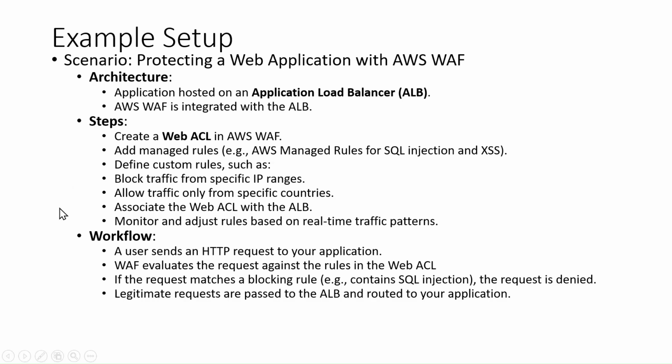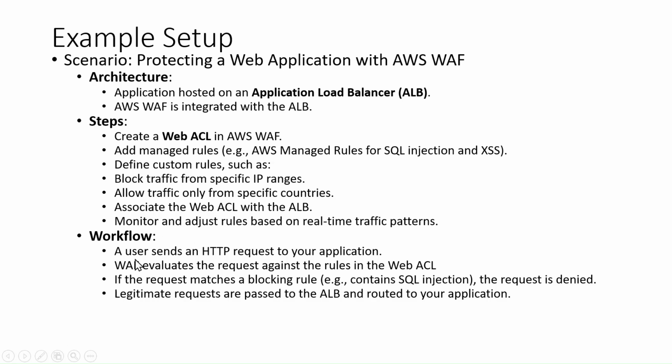Here you need to manage rules like block and allow, and define custom rules if you have any, and block traffic from a specific IP range. If you have a specific IP, you can block it. You can allow traffic only from specific countries, so we can go region-wise also. Then associate the web ACL with the ALB, and monitor the things.